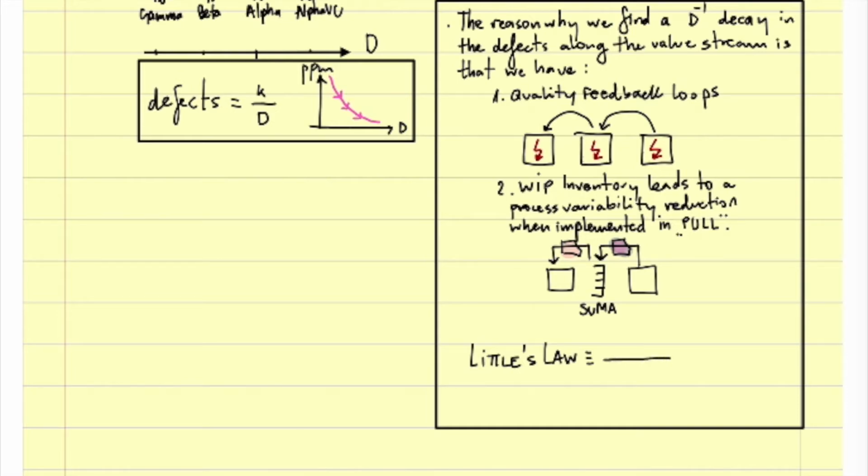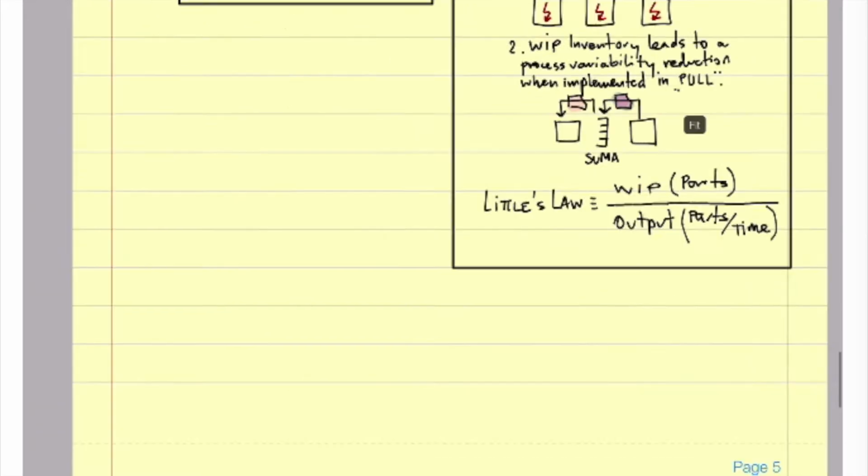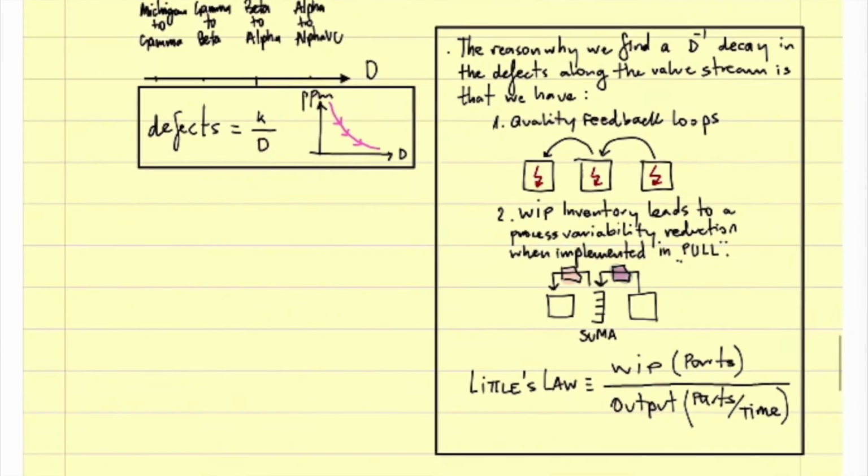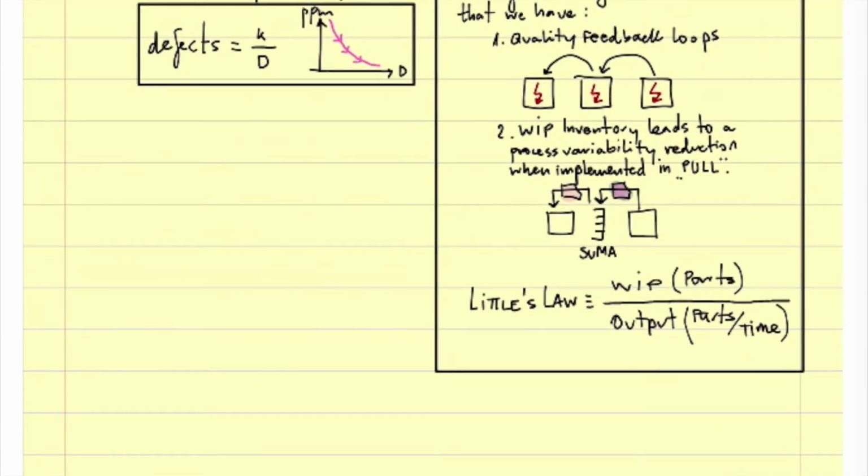Little's law is the work in progress measured in parts divided by the output of the process measured in parts per time unit. So when we run a WIP with pull, what we are doing is we are avoiding the bullwhip effect.